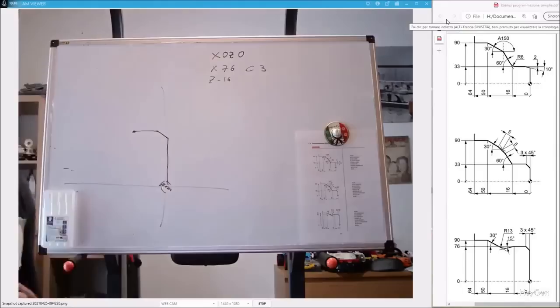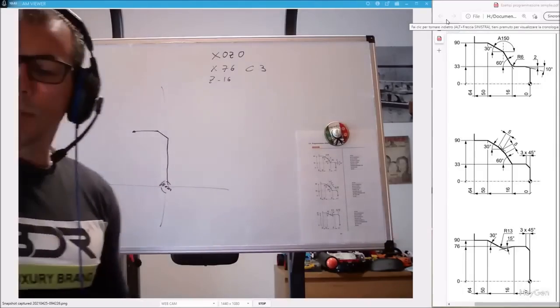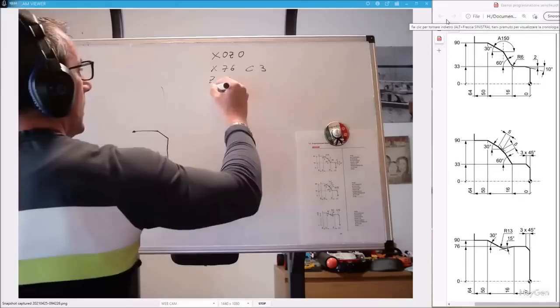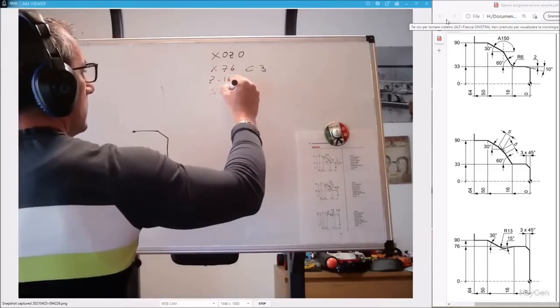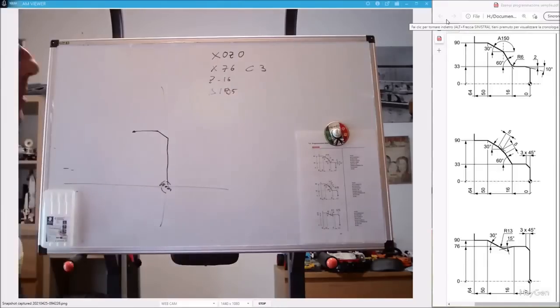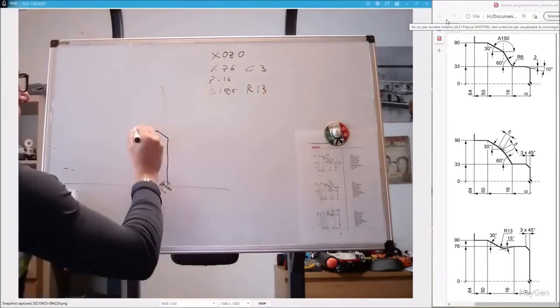We already tackled a similar little program last time. 15 degrees down, which means 195 at 195. A fillet of 13 millimeters, so R13. At this point, what does the machine know?